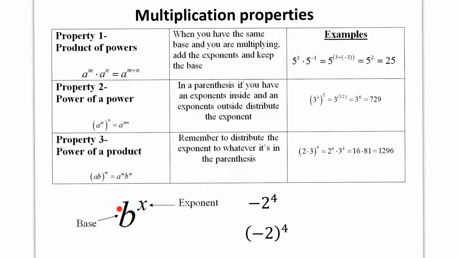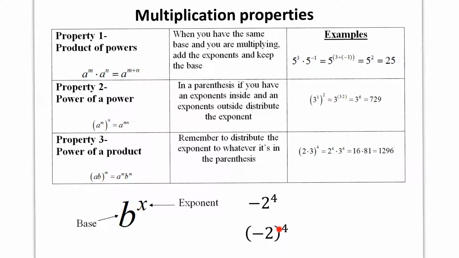Well, that's called the base. The big number 2 in this case is the base. The exponent is the little number on top of the base. So you have -2 to the 4th power. Now we say power, but it is called an exponent.